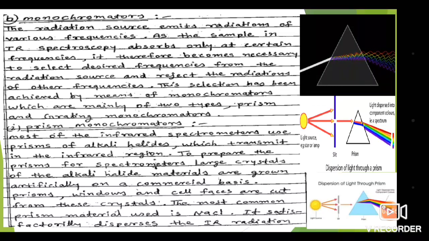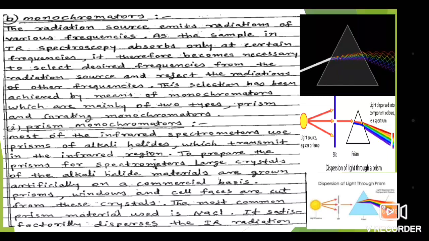Most of the infrared spectrometers use prisms of alkali halides which transmit in the infrared region. To prepare the prism for spectrometers, large crystals of the alkali halide materials are grown artificially on a commercial basis.